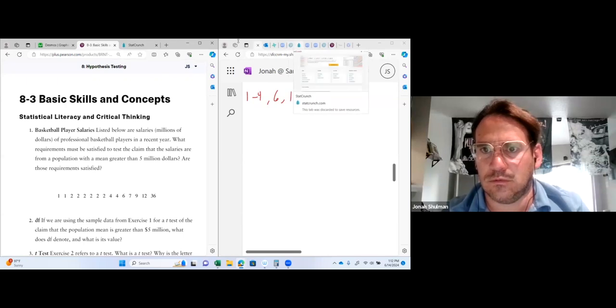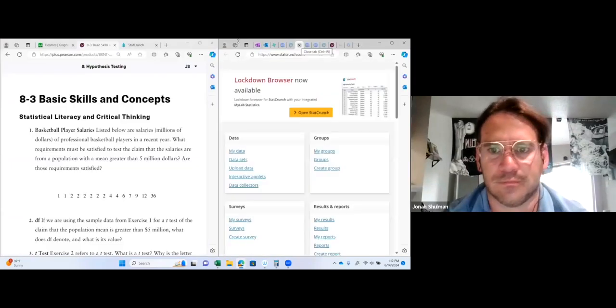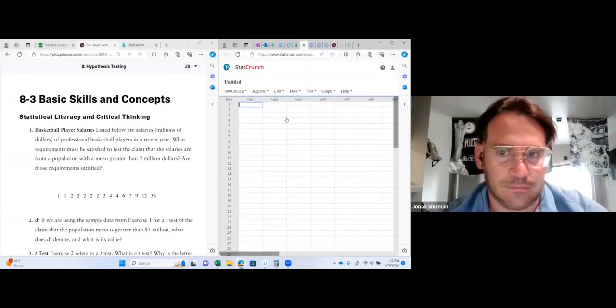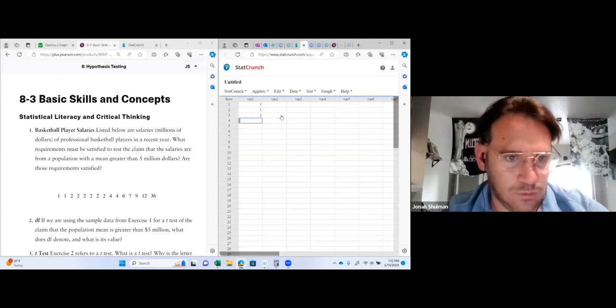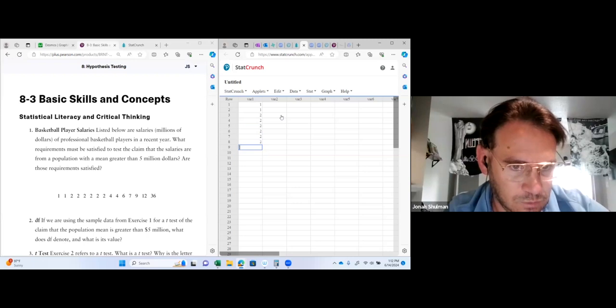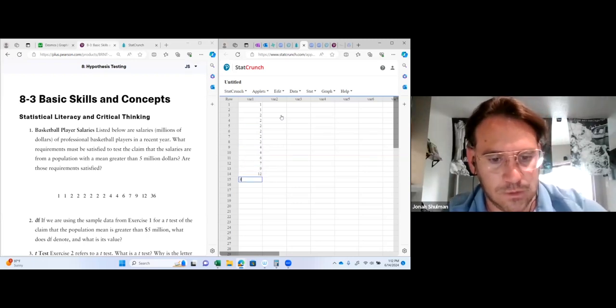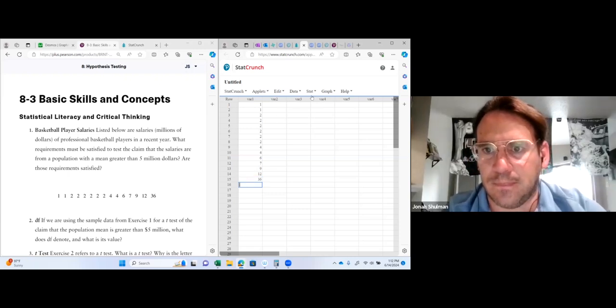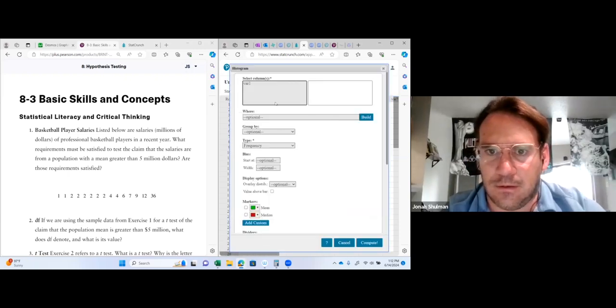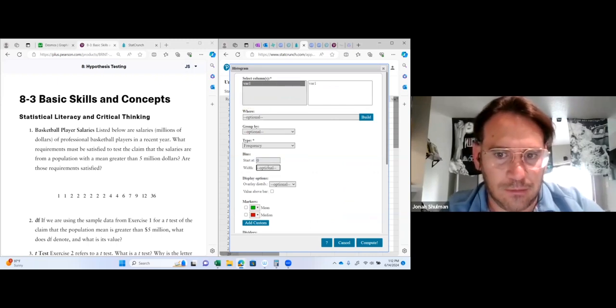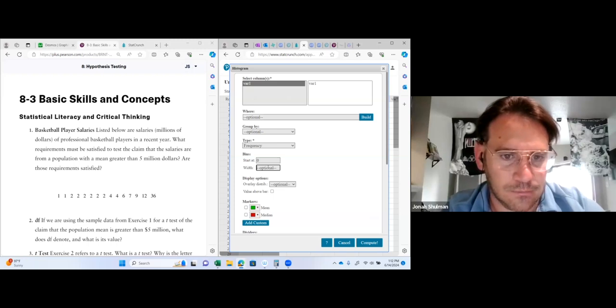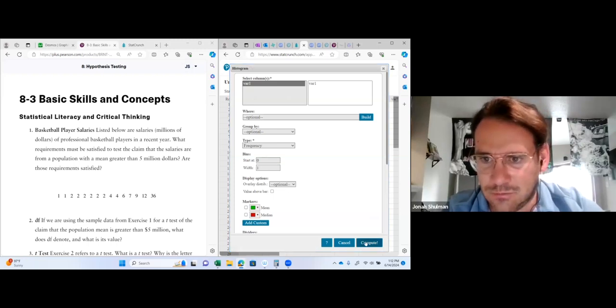So just open StatCrunch over here. 2, 2, 2, 2, 2, 2, 4, 4, 6, 7, 9, 12, 36. So if we make a histogram and we start with 0 and go by 1 each.